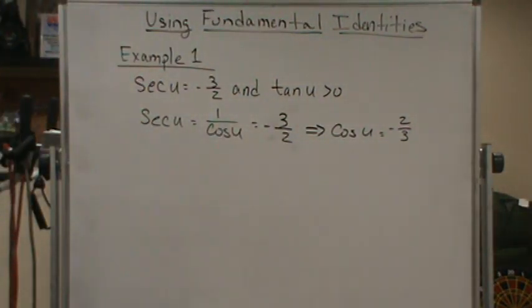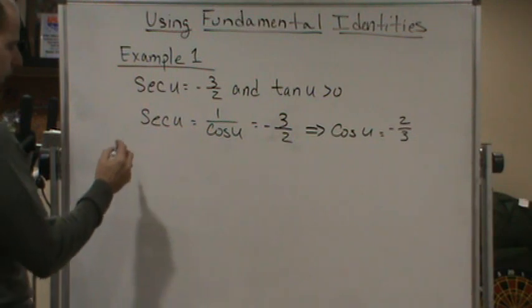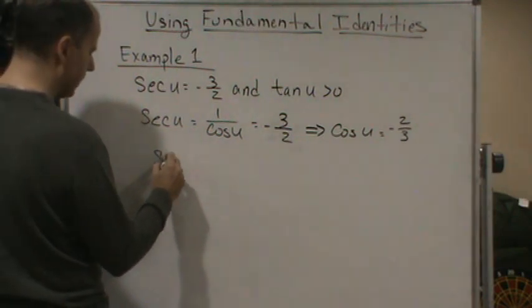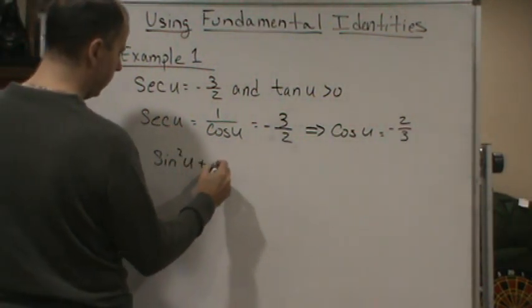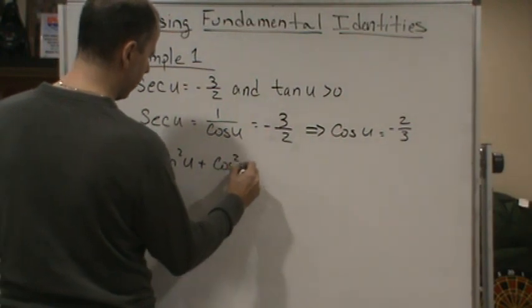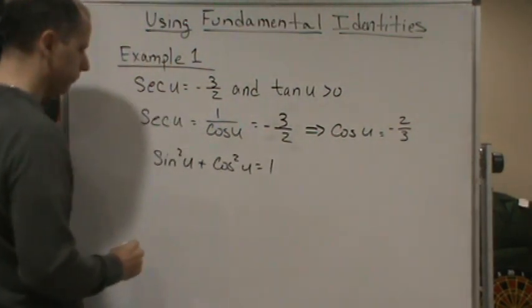Now let's use the Pythagorean identity. We could use other ways, but let's use this one. So we know that sine squared u plus cosine squared u equals 1.